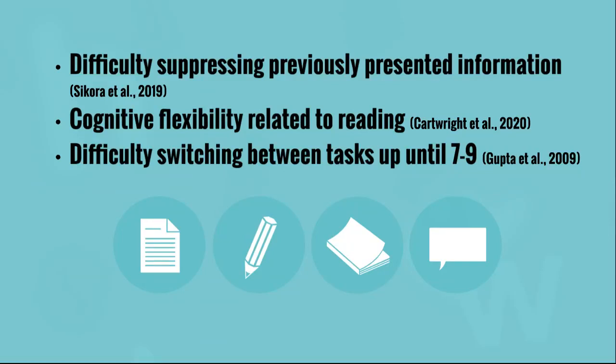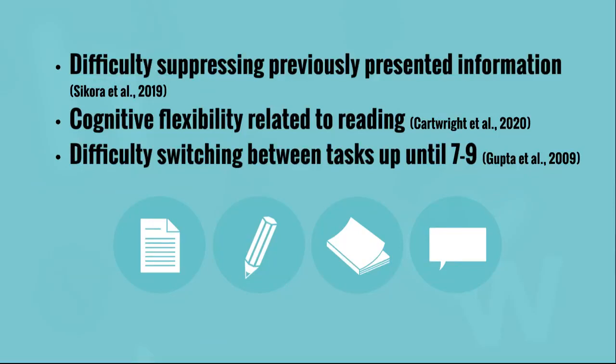Cartwright and colleagues demonstrate that cognitive flexibility is related to smooth and fluent reading of individual words and text passages. And they explain this in a way where readers need to shift their attention from engaging in the behavior of decoding the different parts of the word and sentence to comprehending the greater meaning. So they're engaging in that task switching, which we know is difficult.